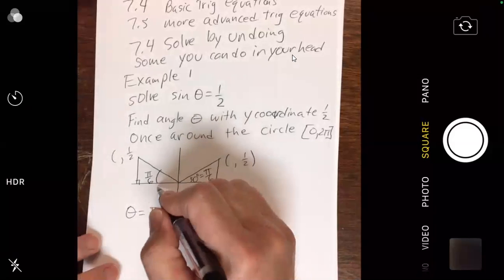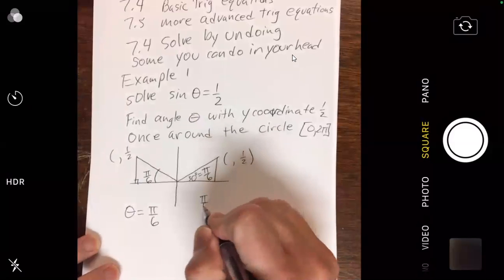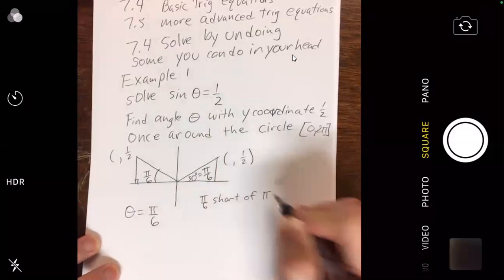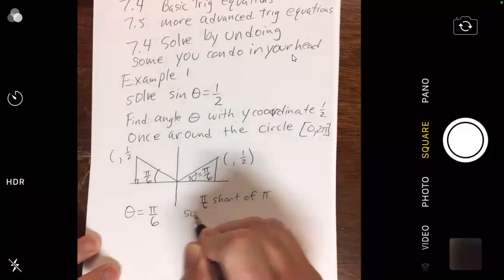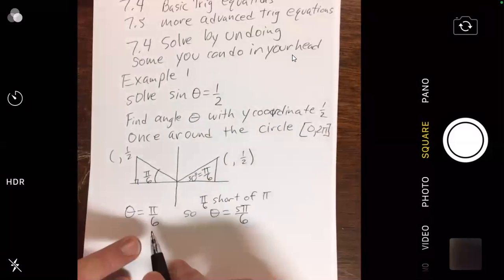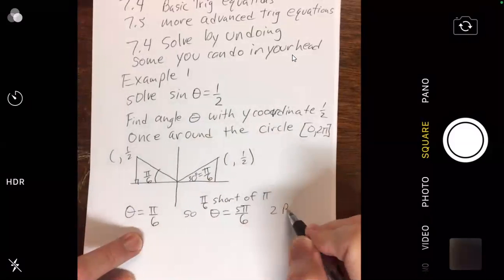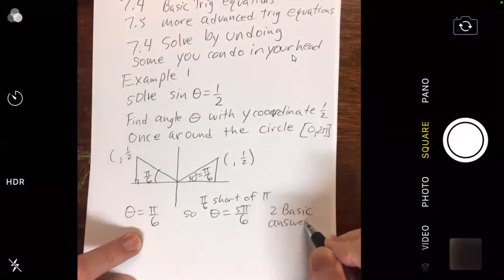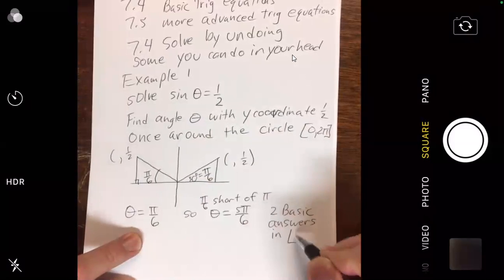And so you're pi over 6 short of pi, so that means you're at 5 pi over 6. So these are the 2 basic answers in 0 to 2 pi.